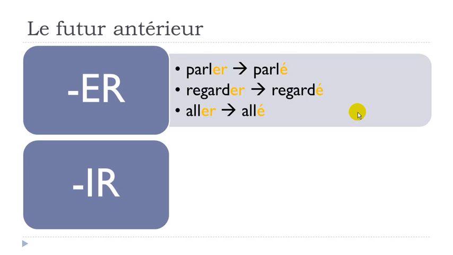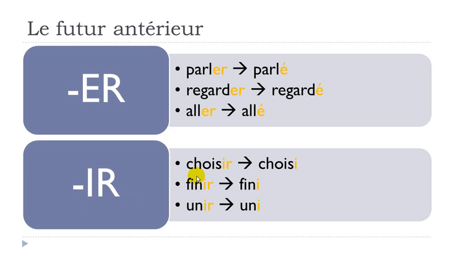Okay, verbs from the second group, so ir, remember not all the er verbs belong to the second group, so be careful. And so examples like choisir, and it will become choisi, finir, fini, unir, uni. All right, so all these verbs will become like that, choisi, fini, uni. So this is the participe passé form, the second part that you should put in your futur antérieur.